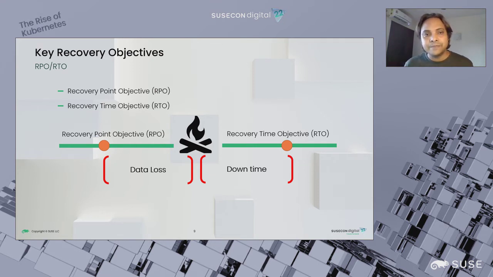Similarly, I can come back to the business within 30 minutes, or say 1 hour to 4 hours. So the data loss appetite is RPO, and how fast I come back, in half an hour to 4 hours, or for some business units a couple of hours to days, is called the RTO.